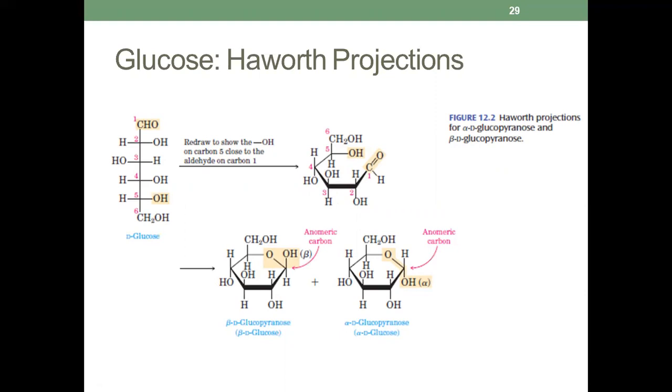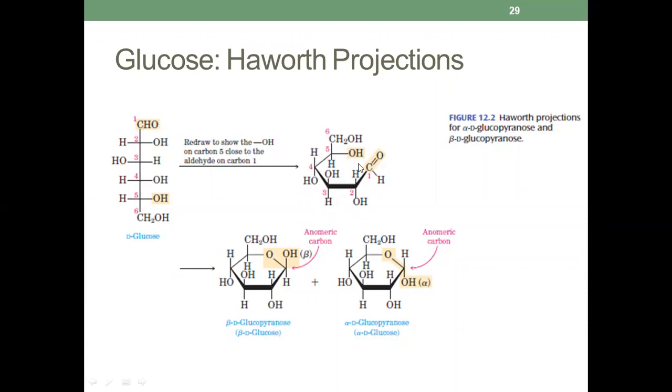The glucose, which is an aldehyde. Okay, you have your CHO. CHO is a shortcut for C double bond O and hydrogen. Always remember carbon should always have 4 bonds. Okay. So this is the structure of the D-glucose, and you can redraw this structure in such a way that the OH is close to the C double bond O. So you have the fifth carbon, starting from the carbonyl carbon, or you call it carbon one.